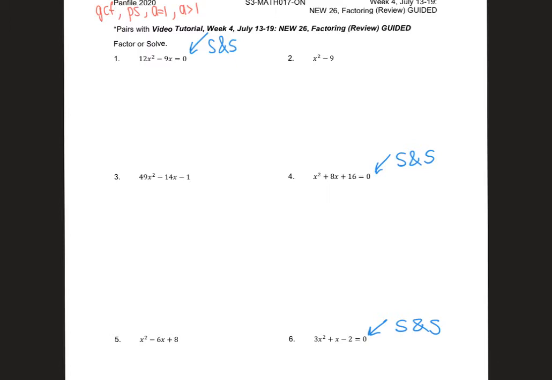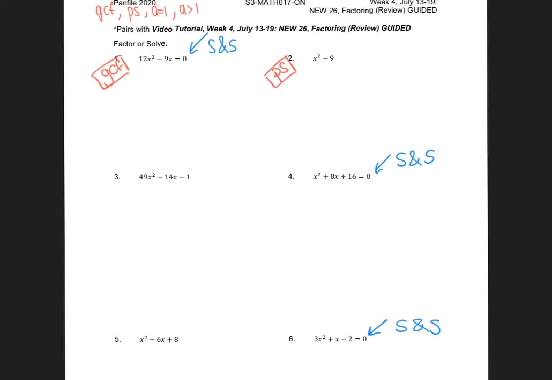Looking at the types, just really quick off the bat, 1 and 2 are those 2 terms. So number 1, you have 12 and 9. 9 is a perfect square, but 12 is not, so this is going to be a GCF. Number 2, you have 1 and 9, which are both perfect square numbers, so this is going to be a perfect square.